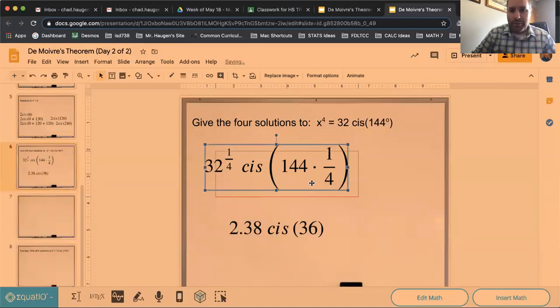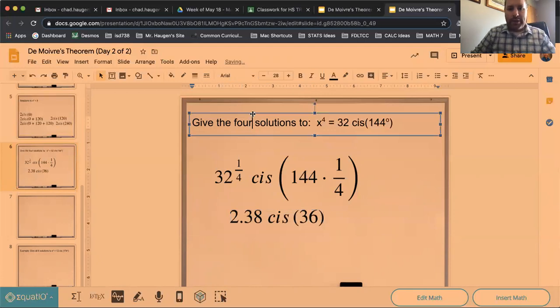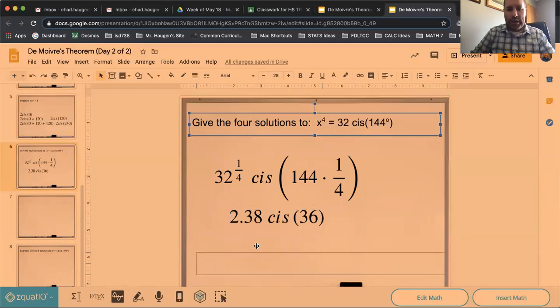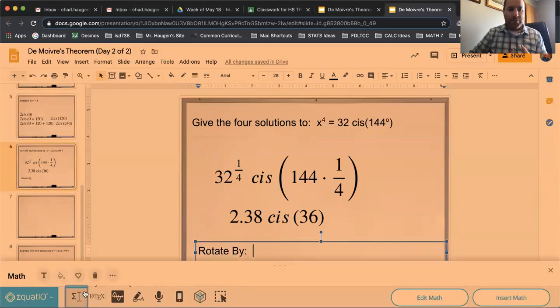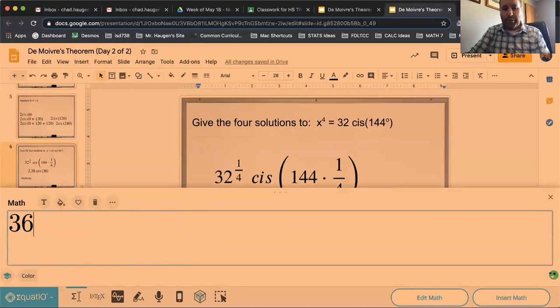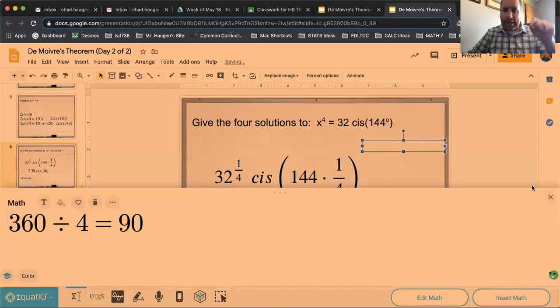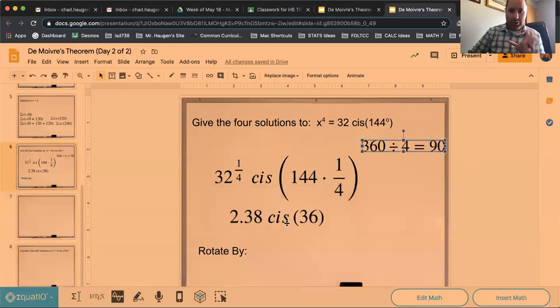That's just our first one. Okay, and then what we need to do next is we need to rotate. Rotate by, and in this case, we should rotate by, well, again, 360 divided by, again, our exponent was 4, so we should divide that by 4. And you guys know 360 divided by 4 is 90. So here we're going to rotate this initial answer by 90 degrees.